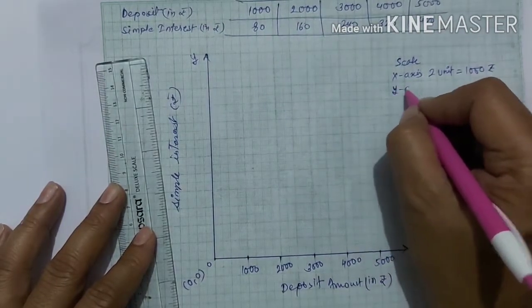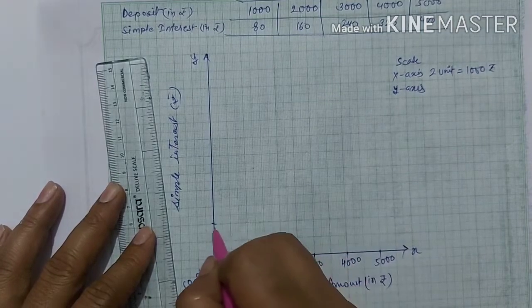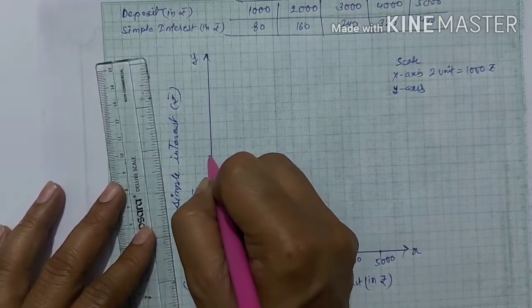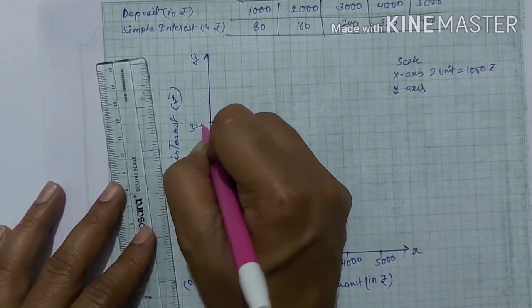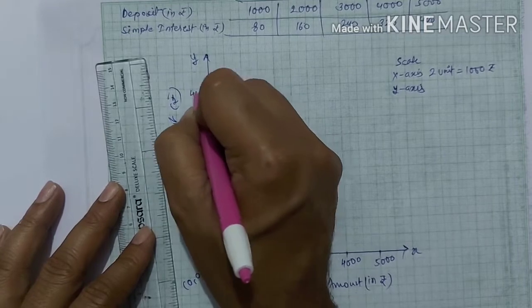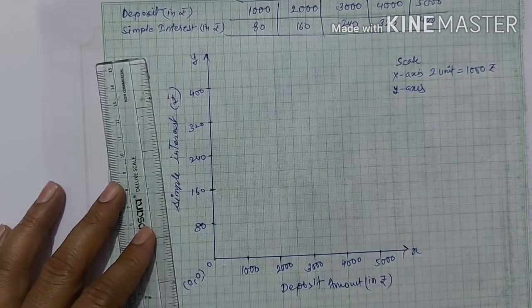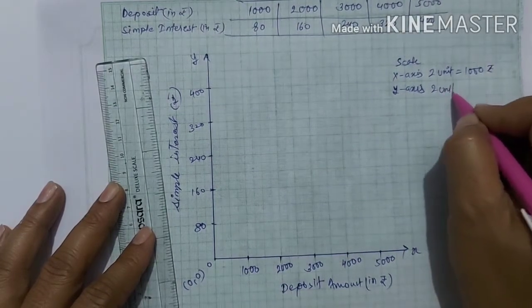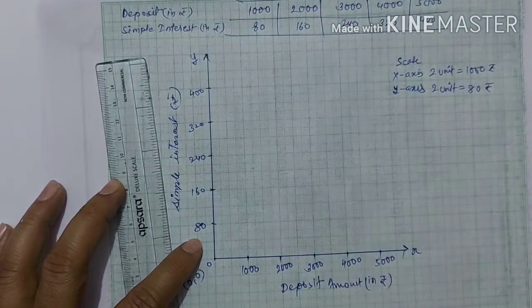On the y-axis, 2 units is 80, 160, 240, 320 and 400. Here 2 units is equal to 80 rupees.